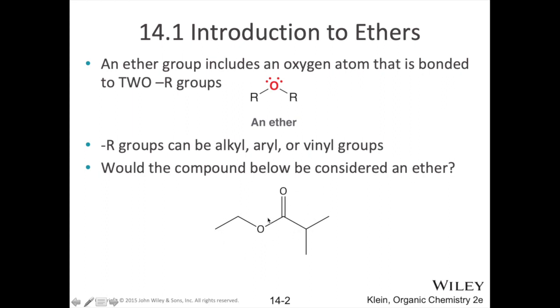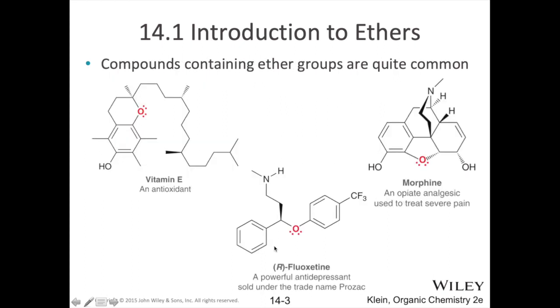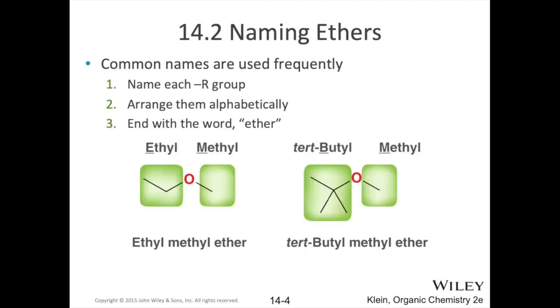Okay, but my point here is that you can't consider this an ether, even though there's a carbon-oxygen-carbon bond. This carbonyl next to that makes this a carboxyl functional group, and an ester rather than an ether to be more specific. Oh, sorry, an ester, not an ether. Okay, so that being said, ethers are pretty common. You'll see them in lots of places.